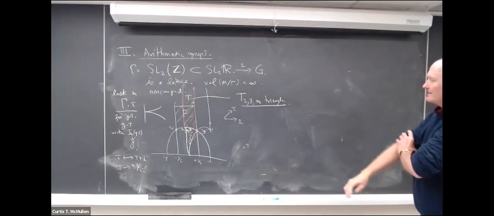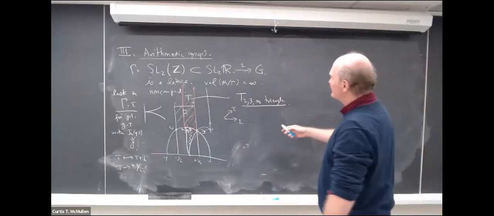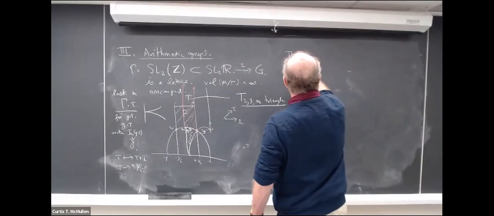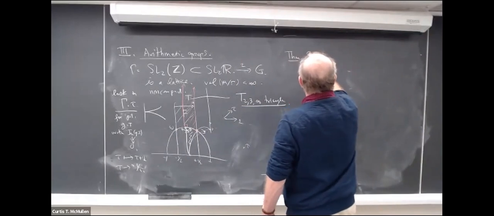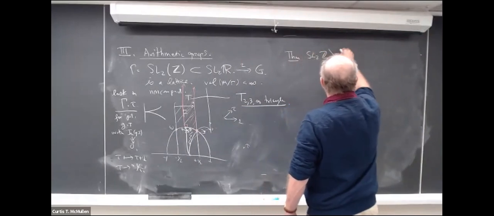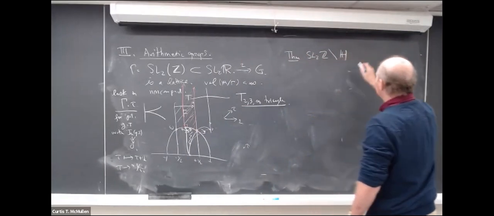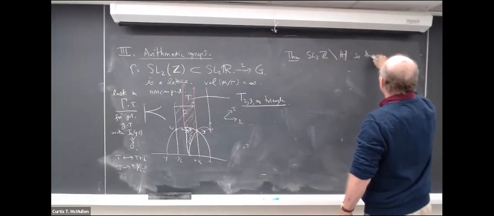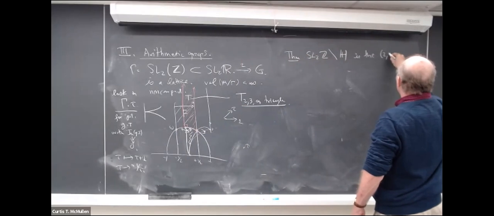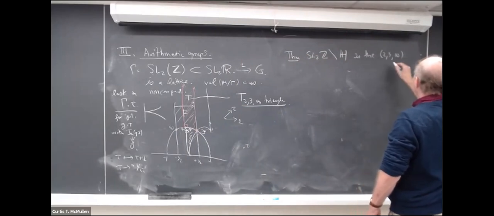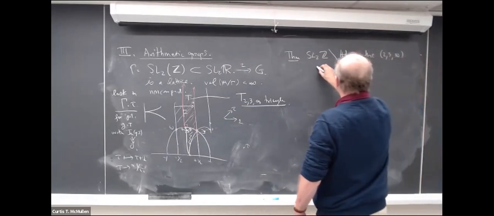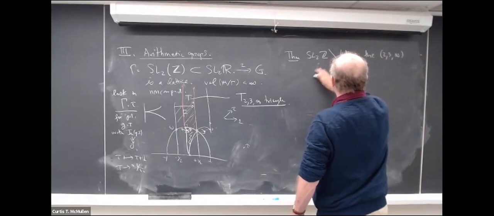And so we can sum up this discussion with the following theorem. The quotient of the upper half plane by the action of SL2Z is the 2-3 infinity triangle orbifold.